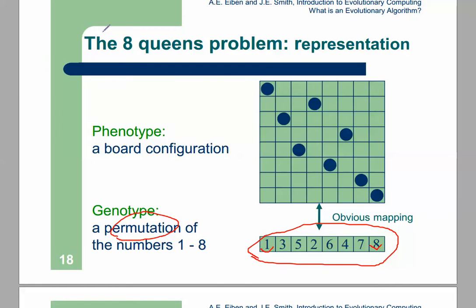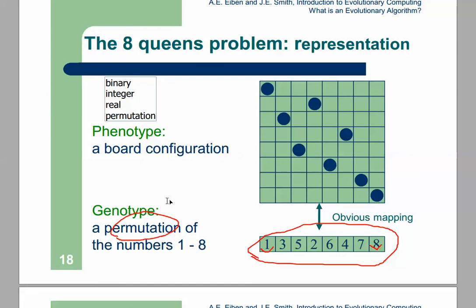So we have 4 types of representation: binary representation, each gene is 0 or 1; integer representation, each gene has an integer value; real, that each gene is a real value; and permutation representation.